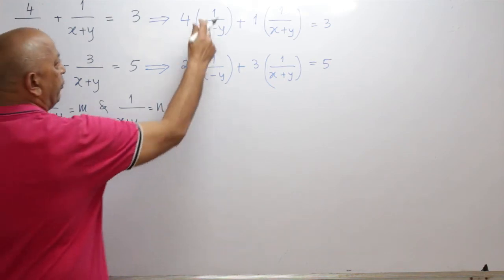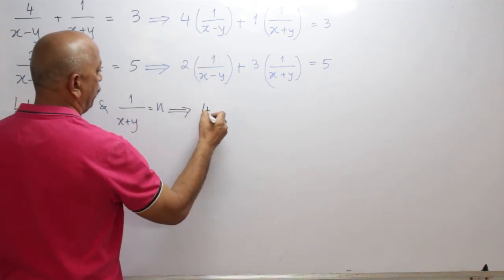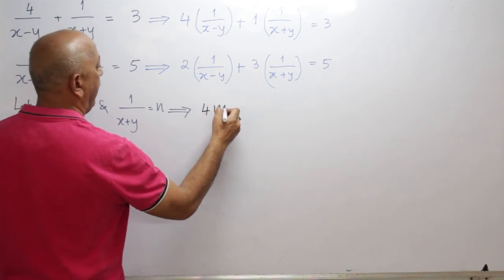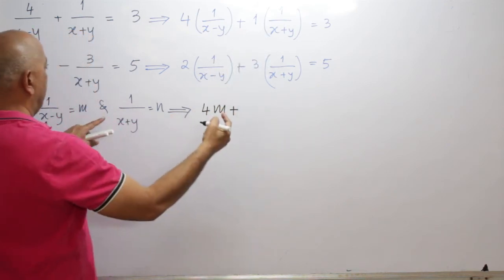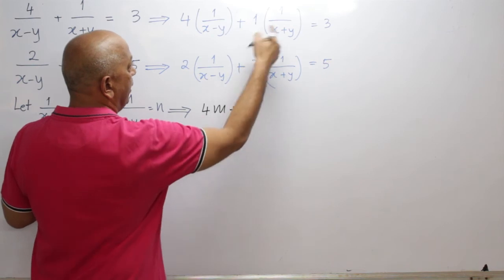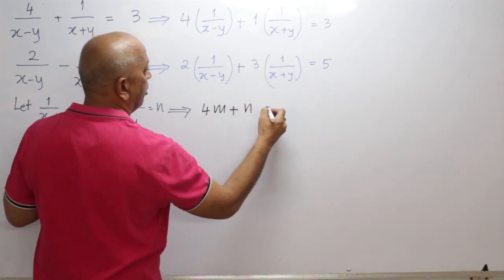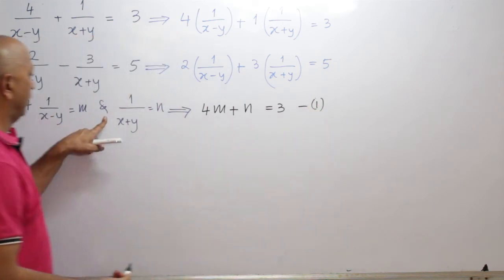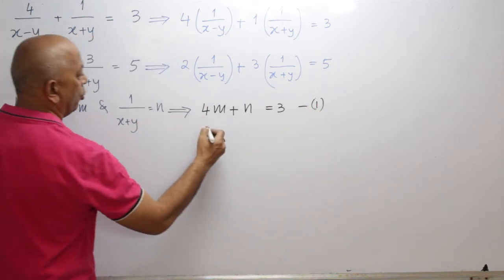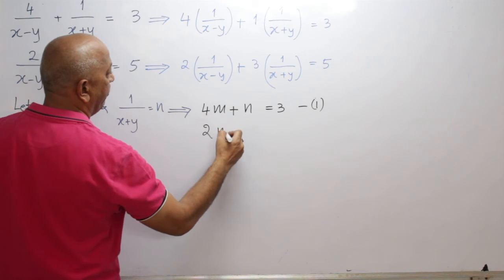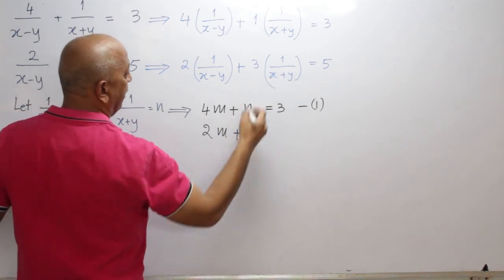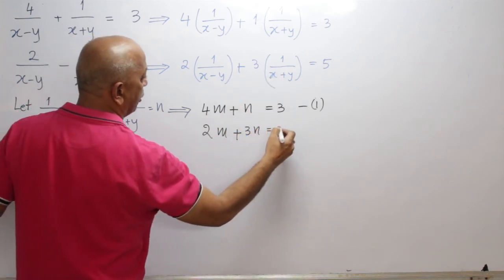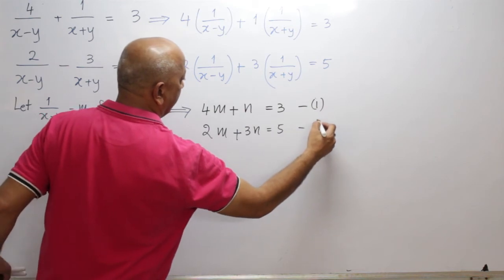So we get 4 into m plus 1n, so simply n, is equal to 3. This is the first equation. Secondly, 2 into m plus 3n is equal to 5. This is the second equation.